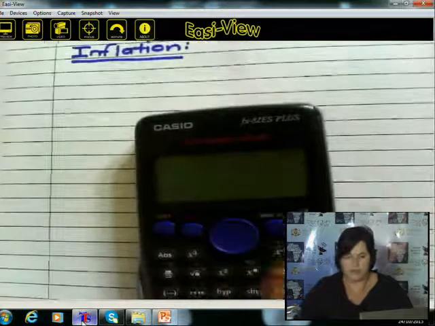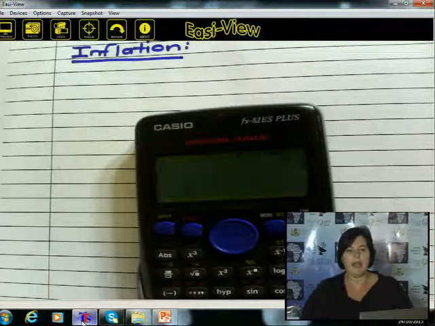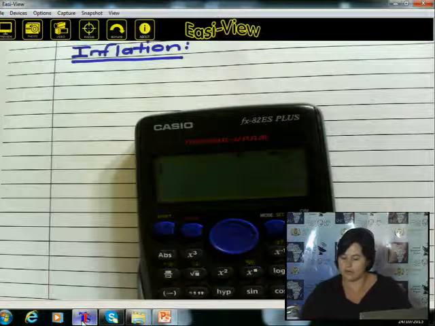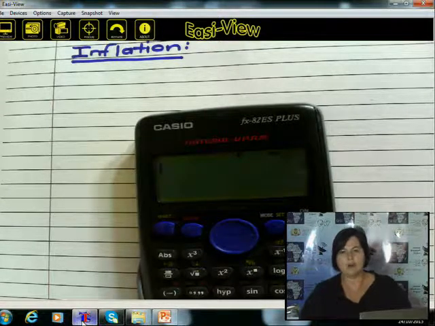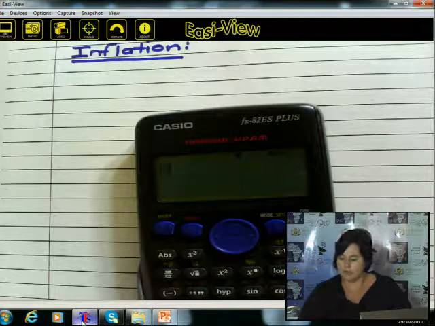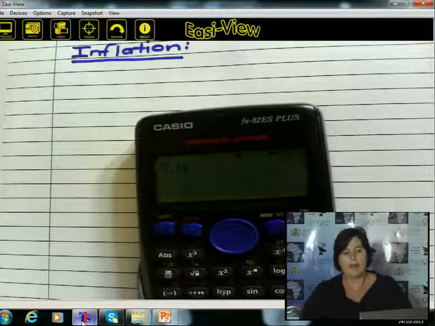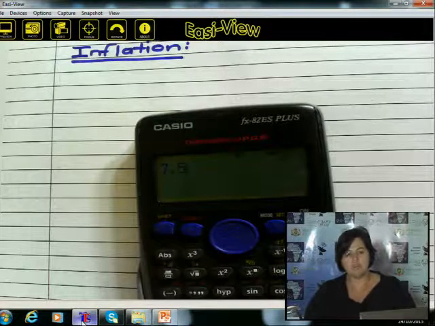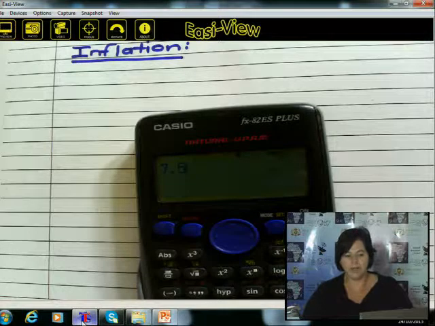Right. There's the calculator. The question was 7.5%. So remember, we say comma, but what do we use on the calculator? We use the decimal point. So 7.5, and now it is percent, but it means over 100.